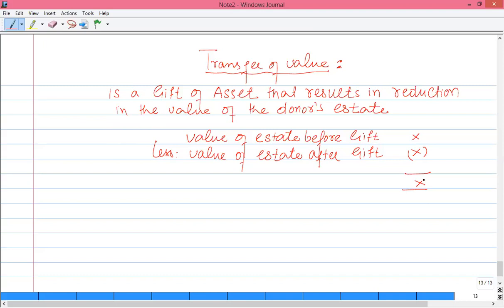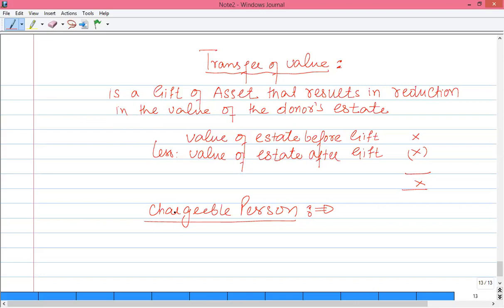Now, what is considered to be a chargeable property? Chargeable property is anything that is not considered as an exempt asset. And now let's discuss who is a chargeable person, that is eligible to pay IHT.